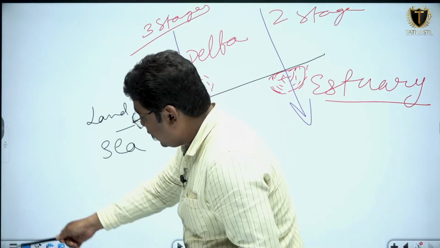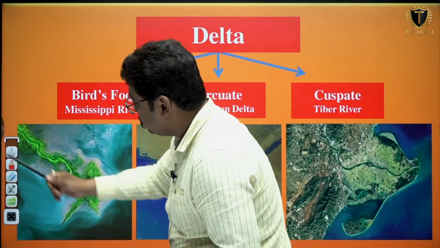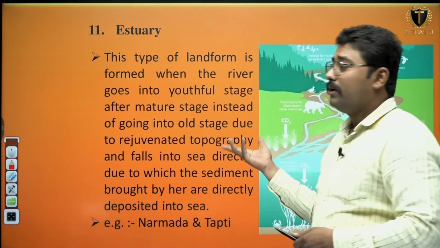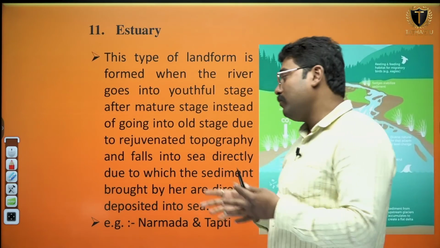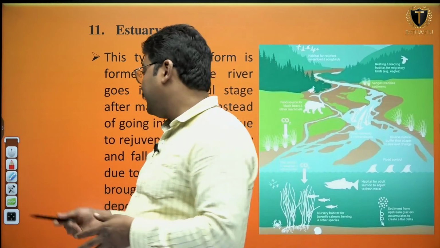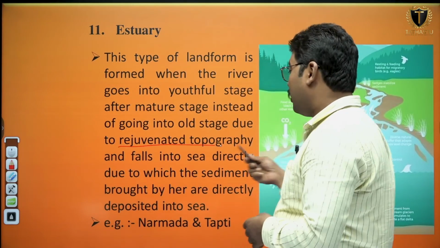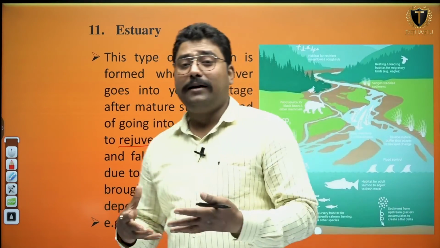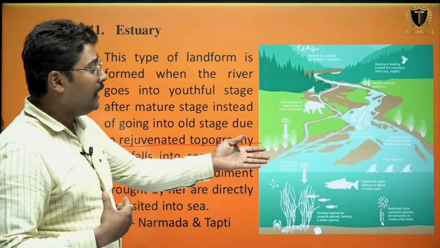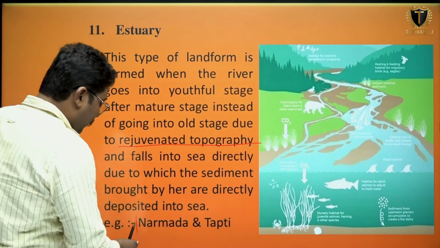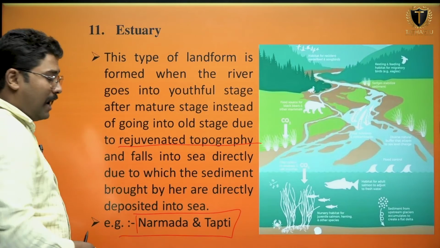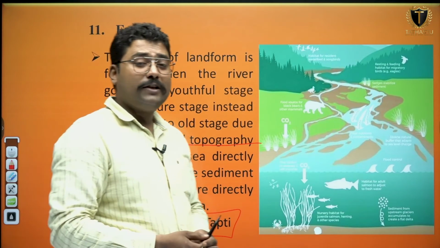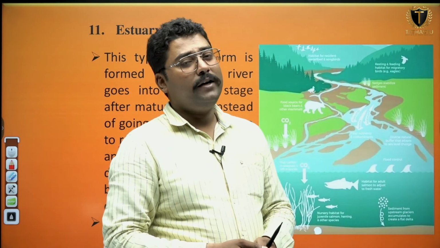Now moving on to the next, estuary. Simply, as I told you, they will move through the rejuvenated topography or rejuvenated stage and they will fall directly in sea, and the example is Narmada and Tapi River, which make estuary in the western coast of India.